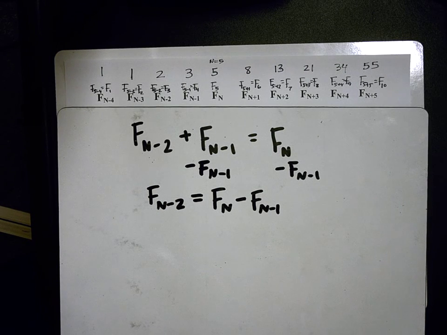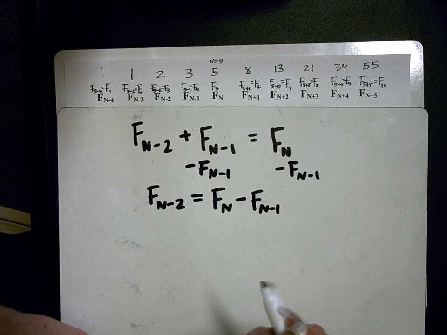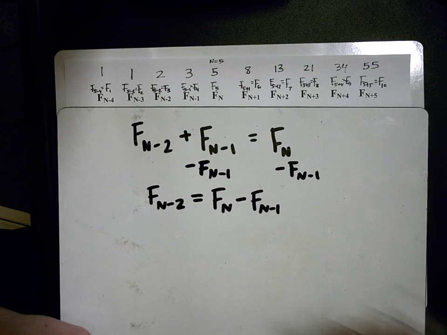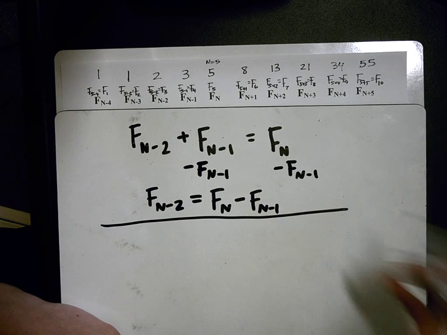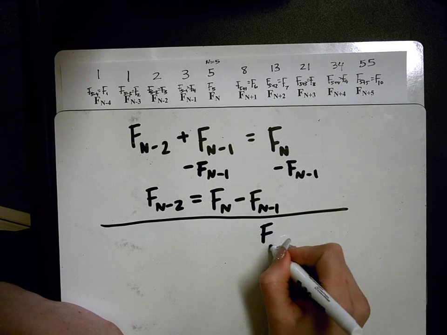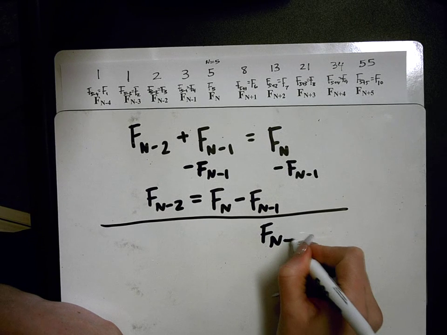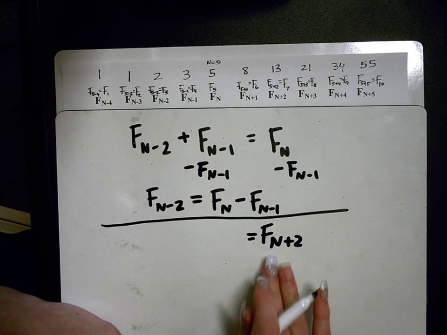Well, that's just a manipulation of this original formula, and it's f sub n minus 2. Another type of equation that you might have is something like this. Let's say instead of this one, we take f of n plus 2. What makes up f sub n plus 2?